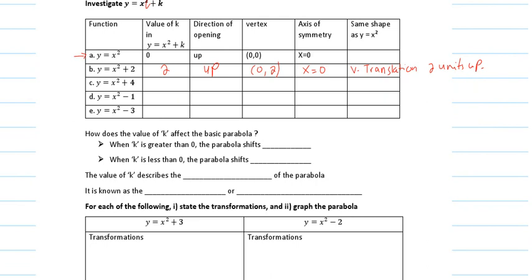If the value of k is less than 0, the parabola shifts down. Remember, it's not a reflection, it's just moving down. The value of k describes the vertical translation of the parabola.